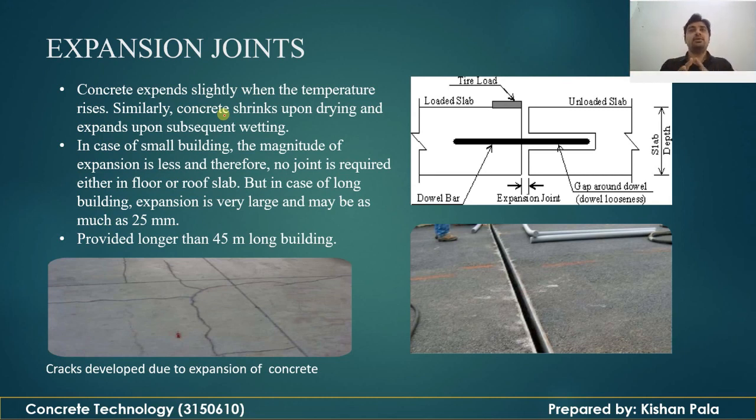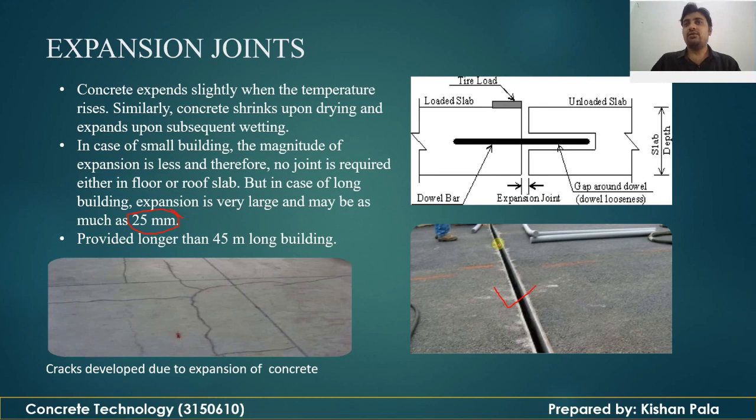For example, if you have a 45-meter long building, in that case you have to provide the expansion joint. And about the thickness of the joint, you have to take 25 mm. Due to the effect of temperature you have to provide temperature expansion joints.